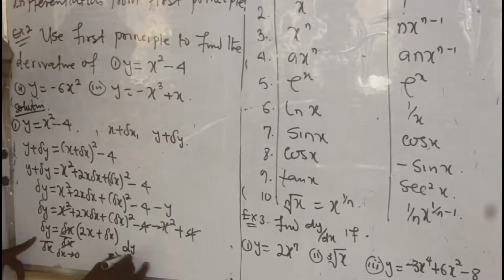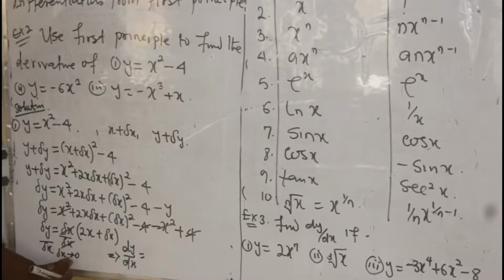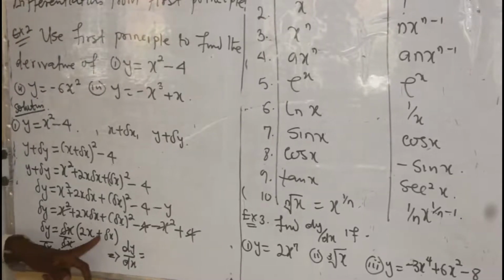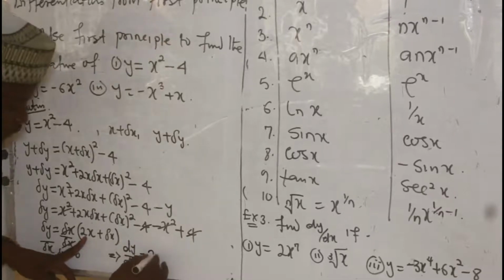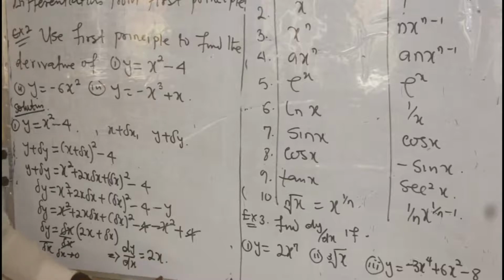Complete d, right? dy dx is now equal to, oh yeah, substitute delta x is 0. It means anywhere we see delta x, we put 0. Are we together? So now when we put delta x is 0 here, what do you have left? 2x. So the answer is equal to 2x. Simple. So dy dx is equal to 2x.